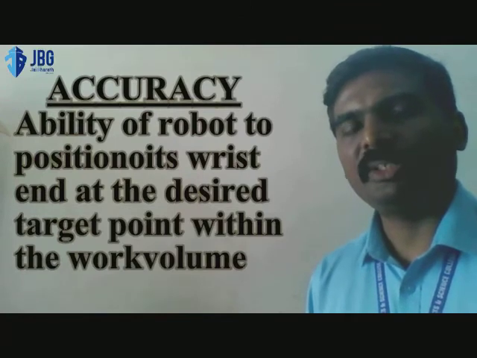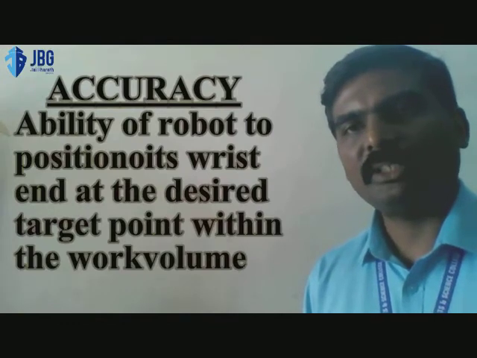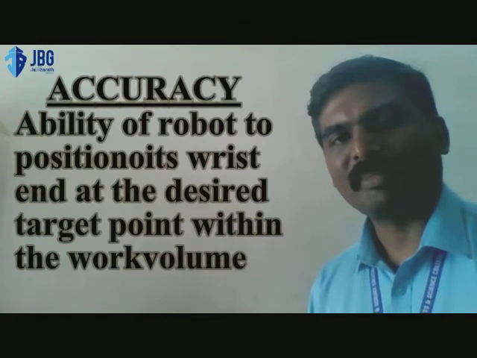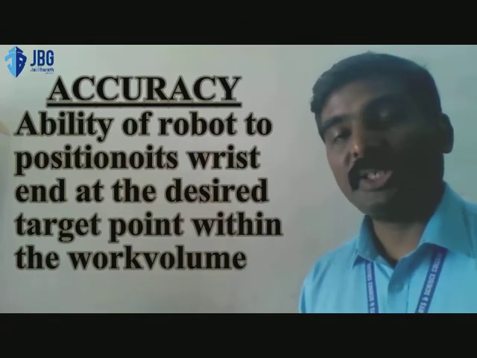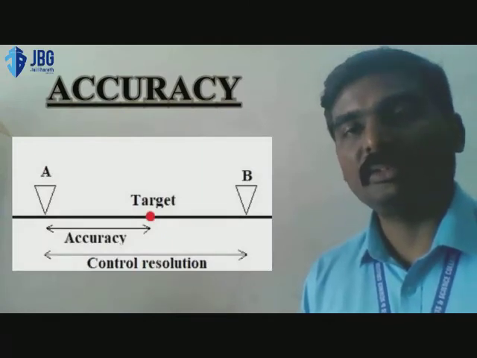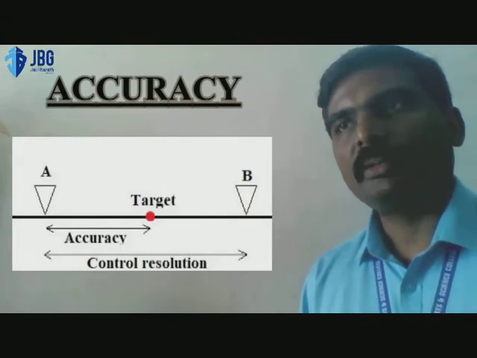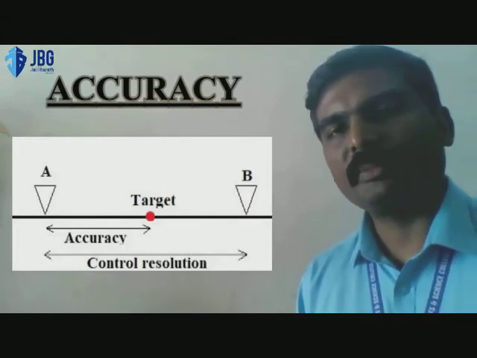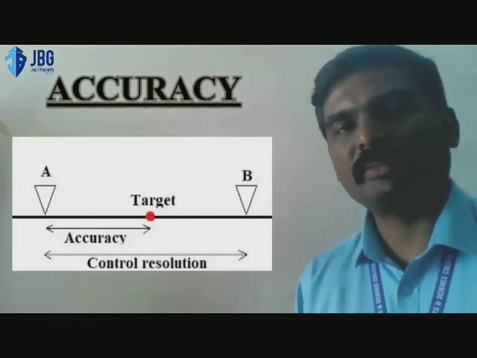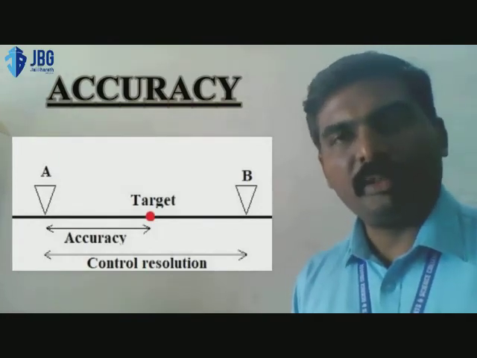We express it as a percentage level: 50% accuracy, 70% accuracy, 100% accuracy, etc. That depends on the spatial resolution, and another point is that if the load of the robot is higher, the accuracy may vary.